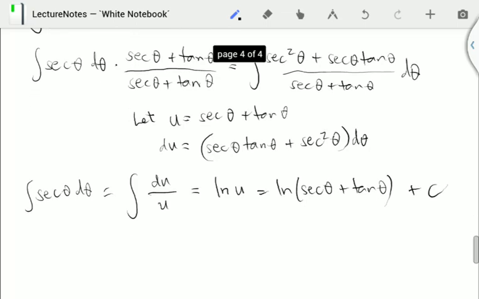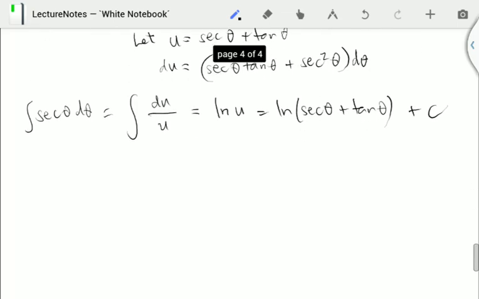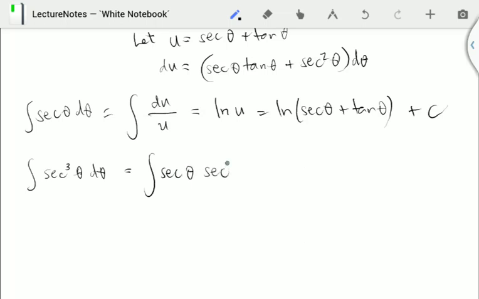So we now have sec and we now have sec squared. Of course, the next case is the integral of sec cube theta d theta. For this one, what we can do is separate the power into two parts: one is the power of 1, sec, and the other one is sec squared.